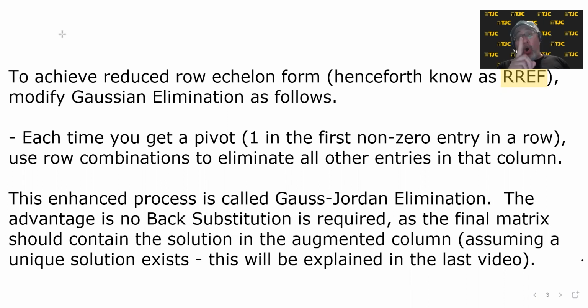Specifically, use that 1 and multiples of it to eliminate everything above and below it. This enhanced process is called Gauss-Jordan elimination. The advantage is no back substitution is required, as the final matrix should contain the solution in the augmented column. Assuming a unique solution exists, this will be explained in the last video. For now, a unique solution will exist.